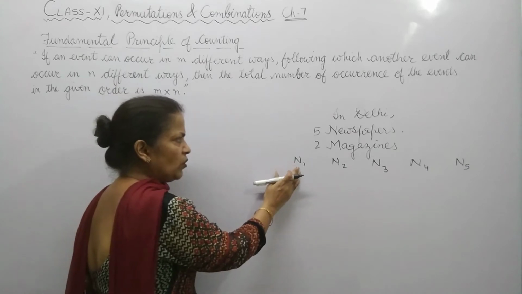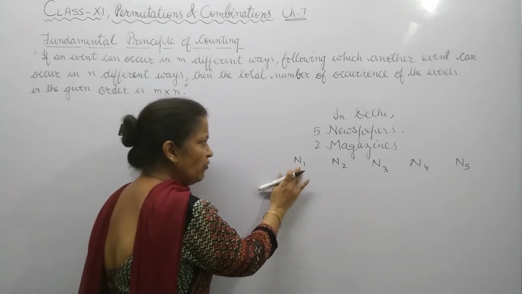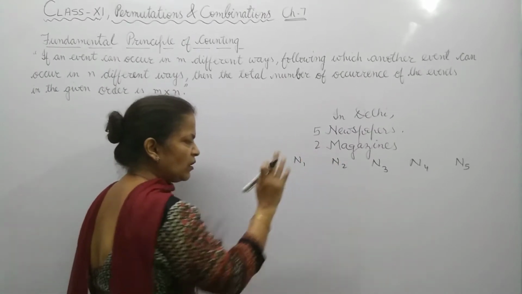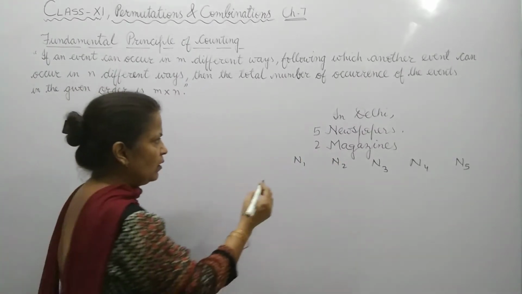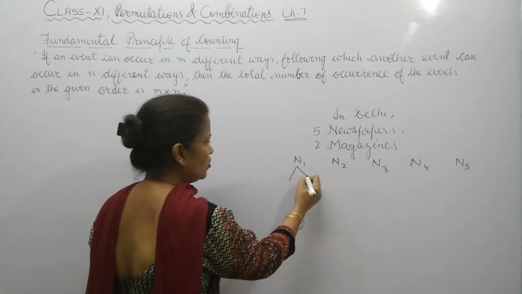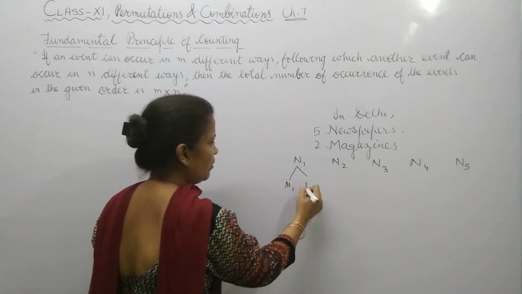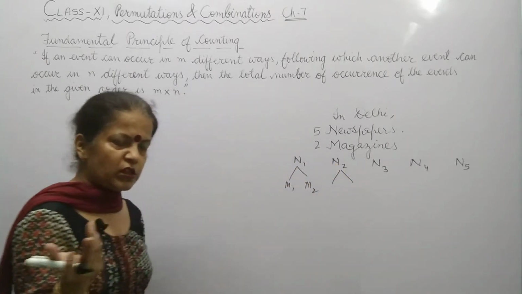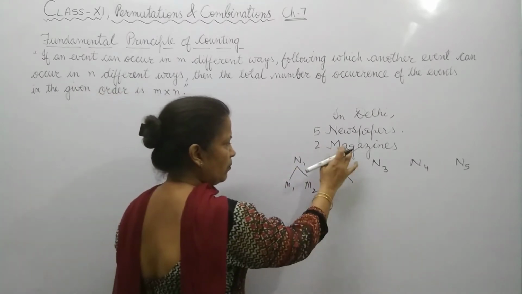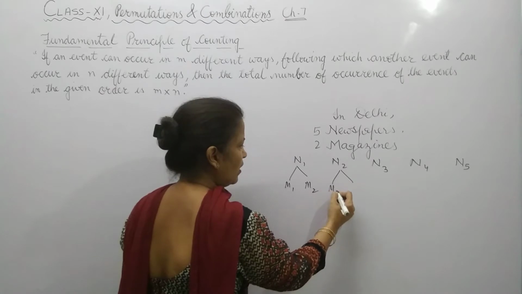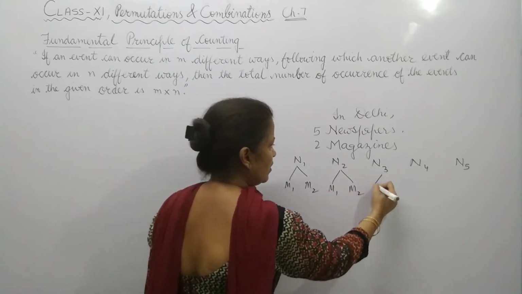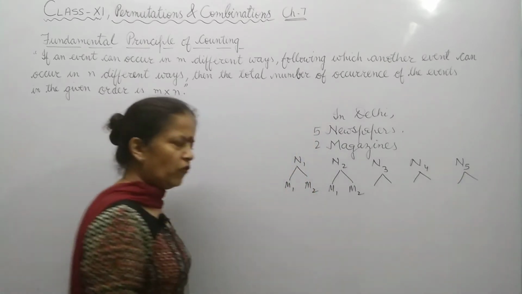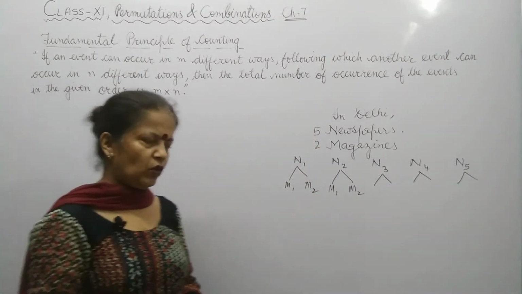Suppose the first newspaper. With the first newspaper, out of these two magazines, M1 and M2, he can choose any one. Same way with the second newspaper also, out of the two magazines M1, M2, he can choose any one. Same thing for the third, fourth and fifth newspaper.